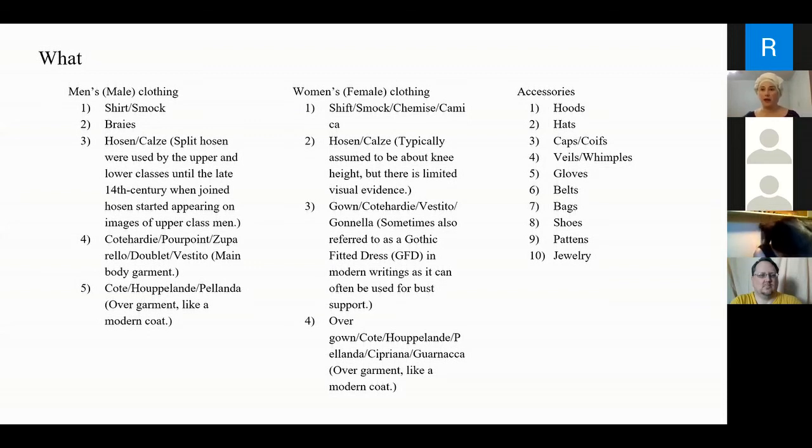All of Europe, except for Italy, all evidence for underclothing is linen. In Italy, because they had so much trade with the southern portion of the Mediterranean, they had some rough cotton that was brought in and then woven with rough linen to produce underclothing for the lowest classes. So it was apparently super cheap.